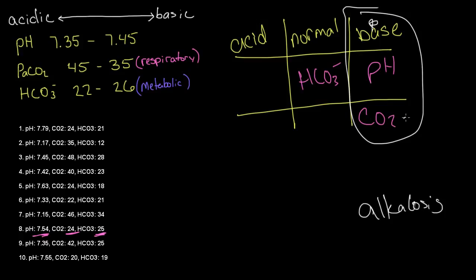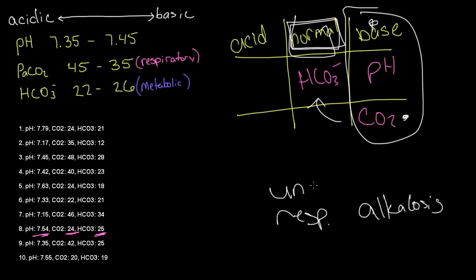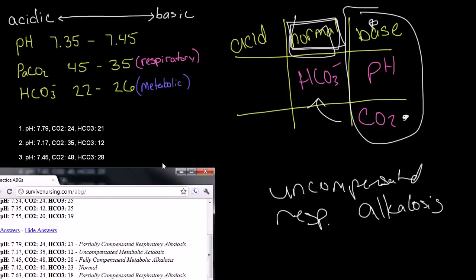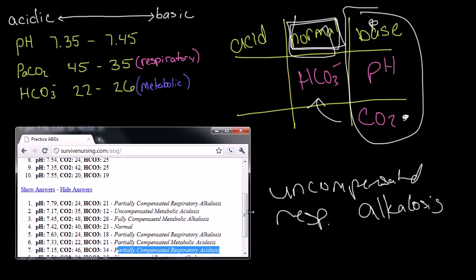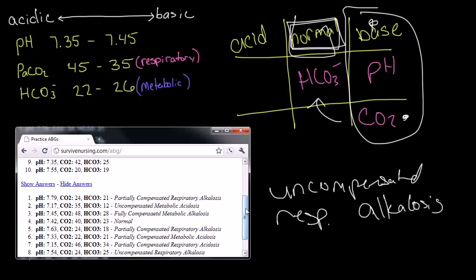The parameter used to make up the tic-tac-toe is CO2. CO2 is a respiratory value. And our opposite parameter is doing nothing. It's in the normal column. So it is uncompensated for our condition here. So let's go ahead and double check our answer. Uncompensated respiratory alkalosis. Okay, so this matches.